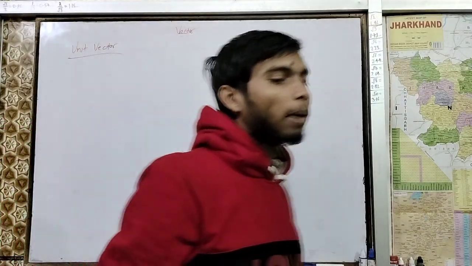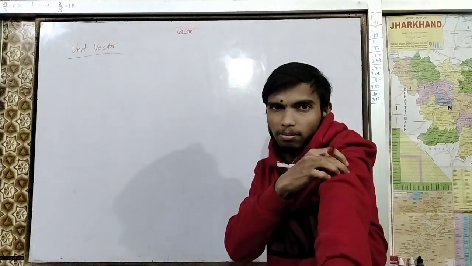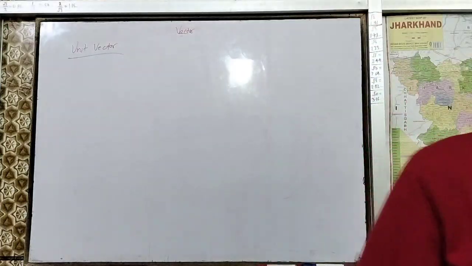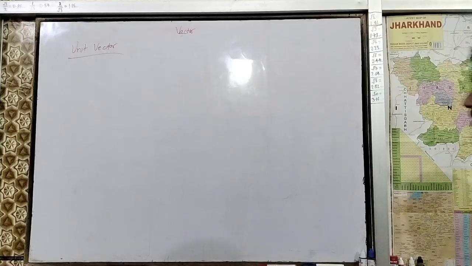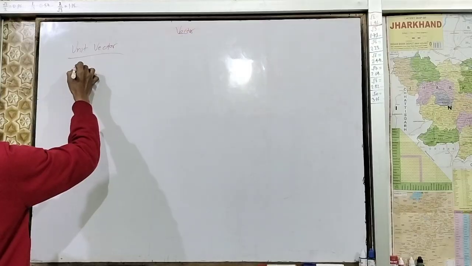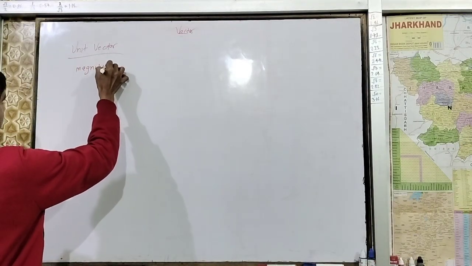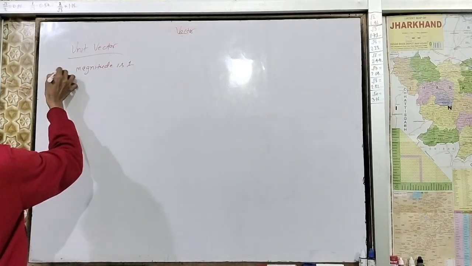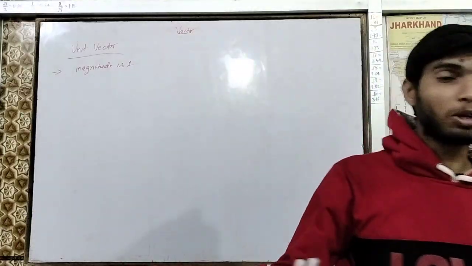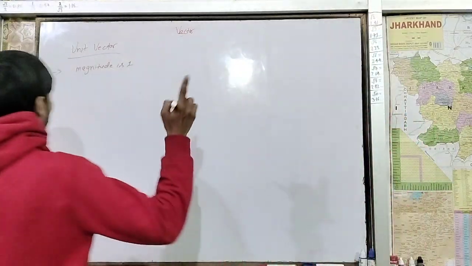You are already familiar with this unit vector. You might have some information about this, and it will be enough if you have some information. When it comes to unit vector, we know that the magnitude is going to be 1. A unit vector has a magnitude of only 1. This magnitude 1 will be always, forever.